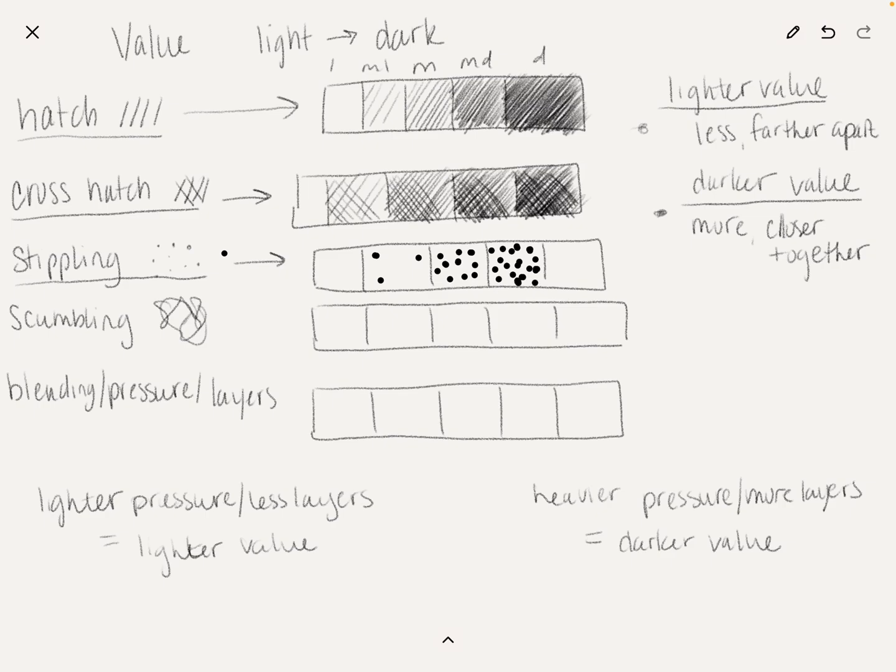It's just a little bit more time consuming. So all I'm doing is making little dabs and little dots all over. And remember, the more dots there are and the closer they are together, the darker it's going to appear. Okay, you can kind of get the idea.